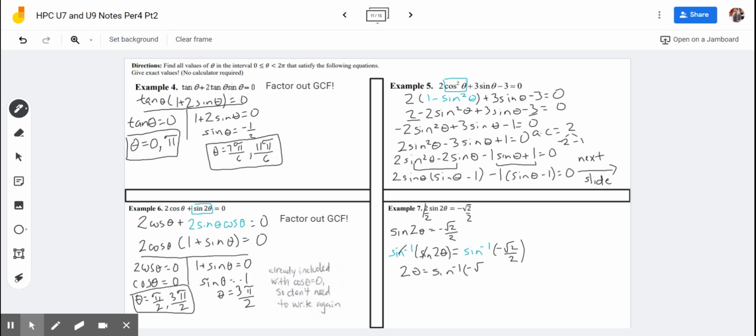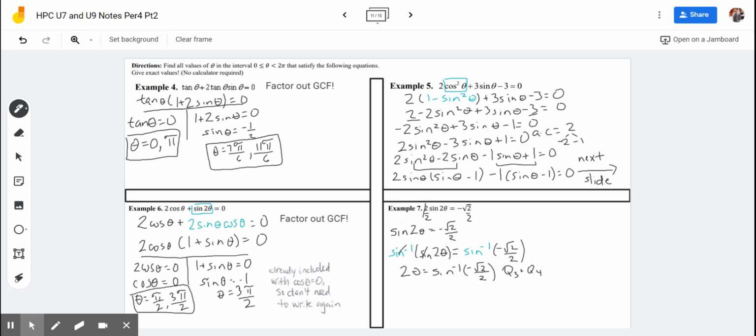Now, this looks like a unit circle value. Okay, so that's why, again, there's no calculator required from here. And this occurs if it's negative in quadrants 3 and 4.